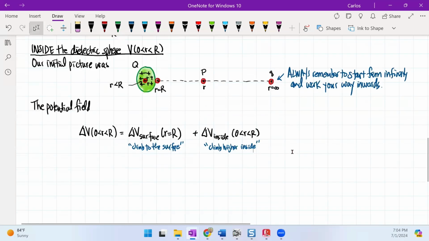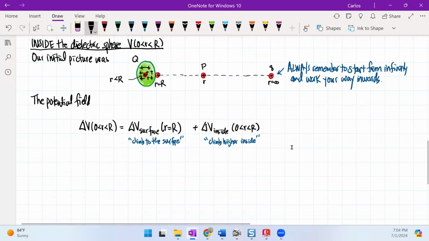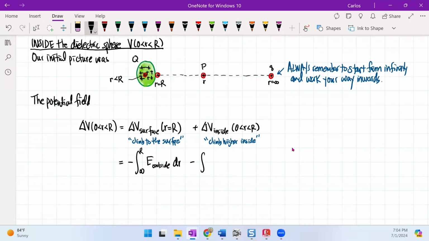So when I look at these integrals, what am I seeing? I get negative, and I'm going from infinity to R, and this is going to be the field of the outside. And then I have the field that I'm now inside, like this.